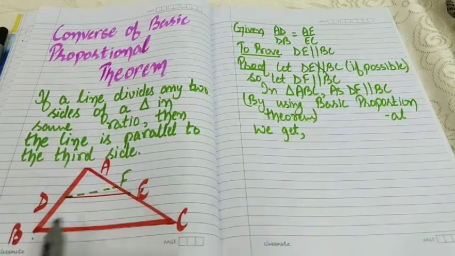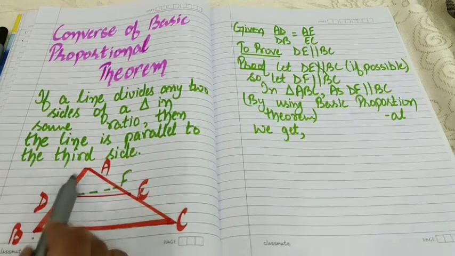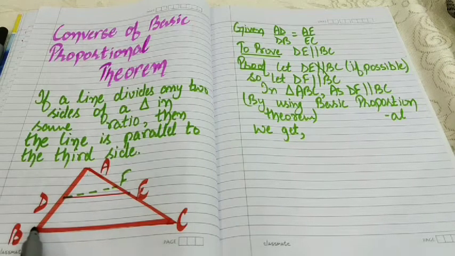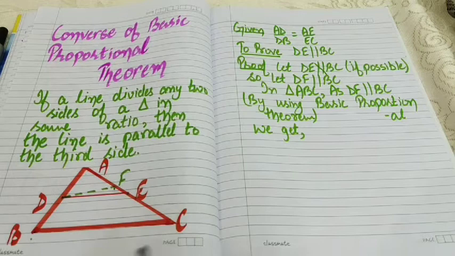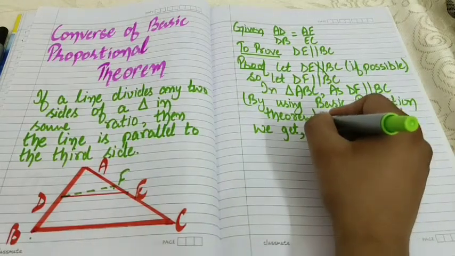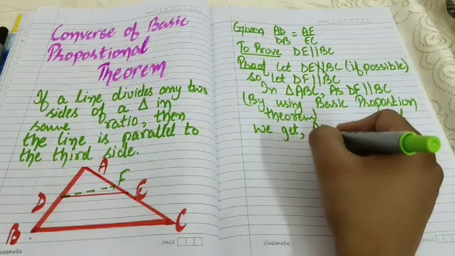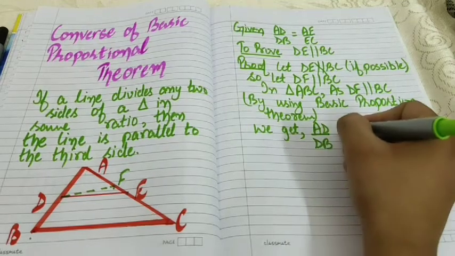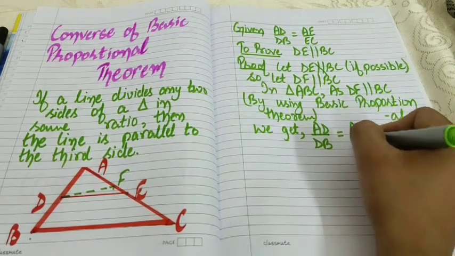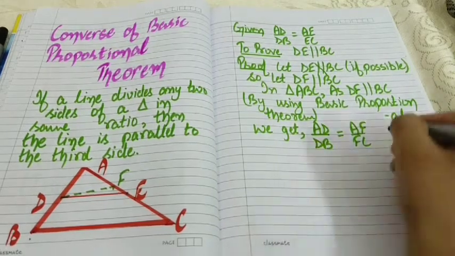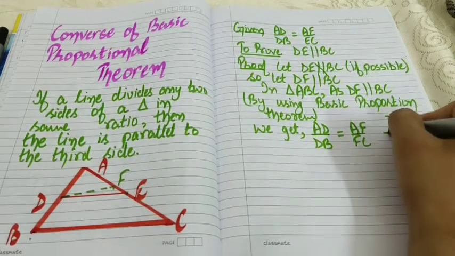AD ratio DB is equal to AF ratio FC. So we can write this as AD upon DB is equal to AF upon FC. Let this be number 1.